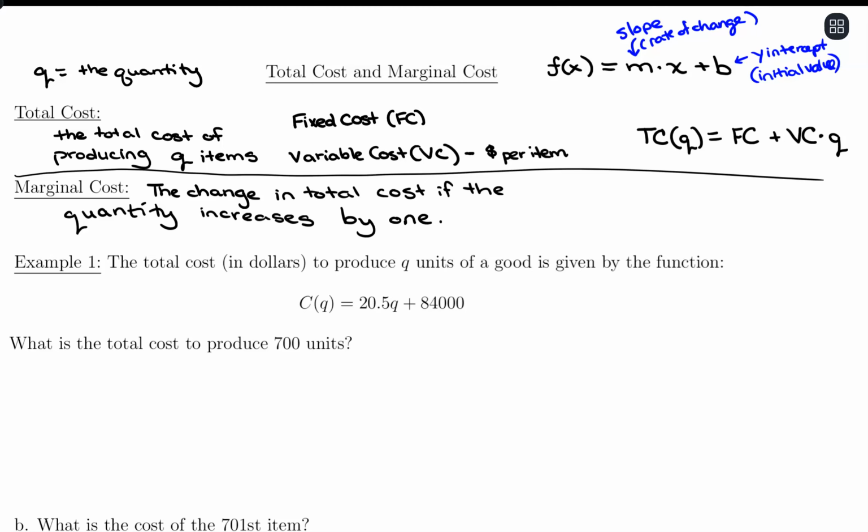So in terms of function notation, what this would look like is calculating the total cost of producing Q plus 1 items, so the idea of producing 1 additional item, and subtract out the total cost of just producing Q items. So we're looking at the difference and this change of just producing that 1 extra item.